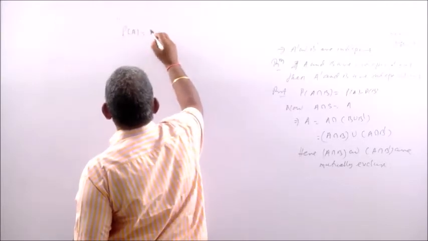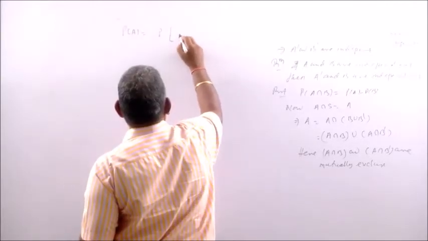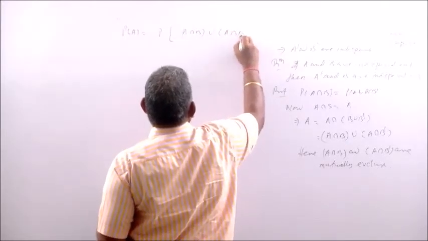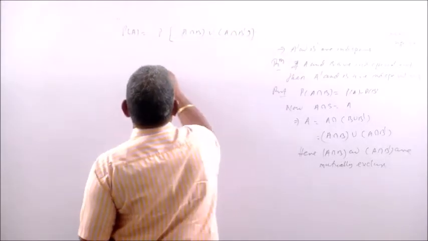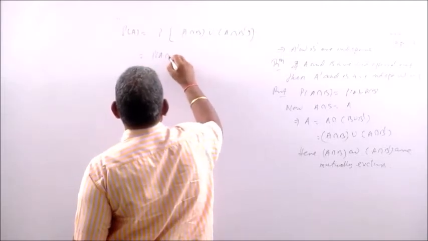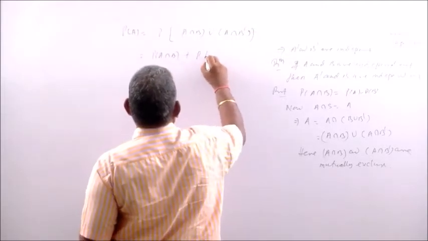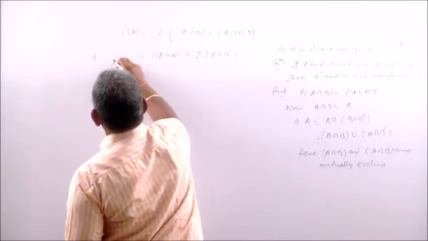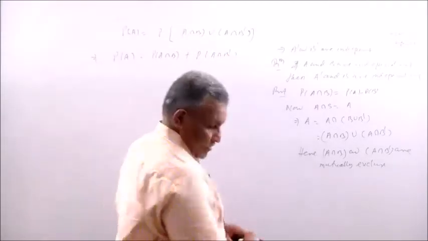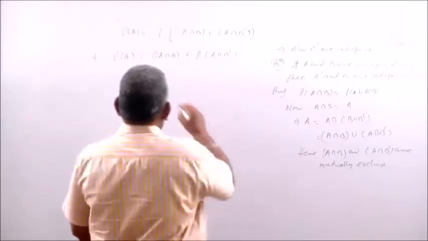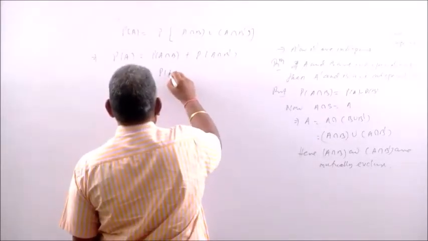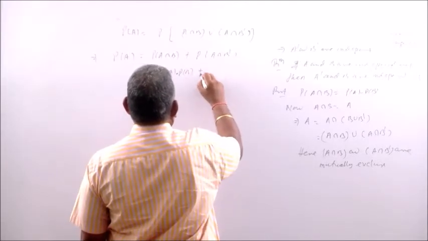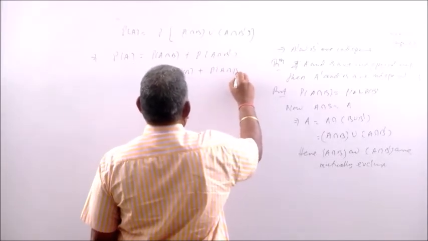P(A) equals the probability of (A intersection B) union (A intersection B dash). That is P(A intersection B) plus P(A intersection B dash). That implies P(A) equals this. Again, P(A intersection B) can be written as P(A) into P(B) plus P(A intersection B dash).